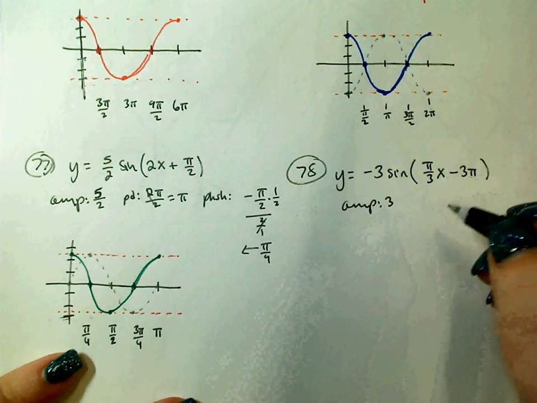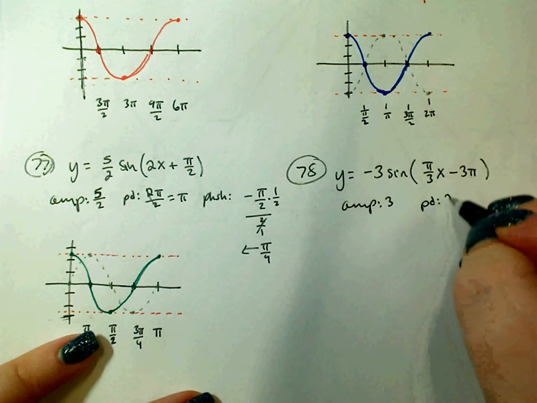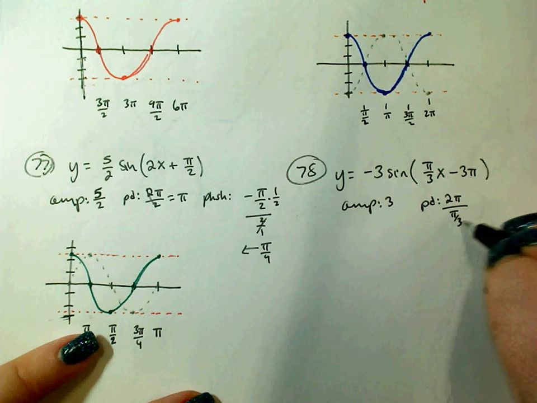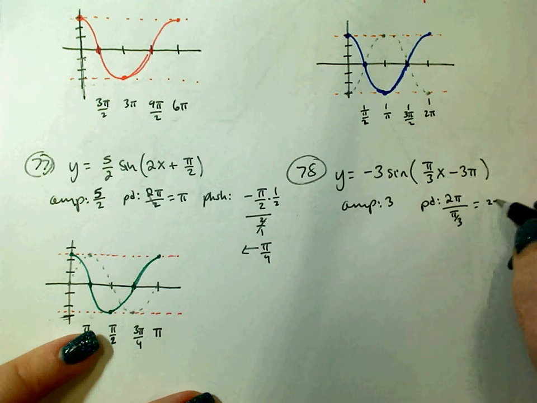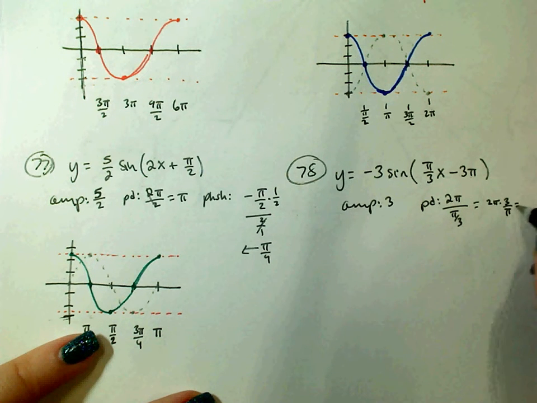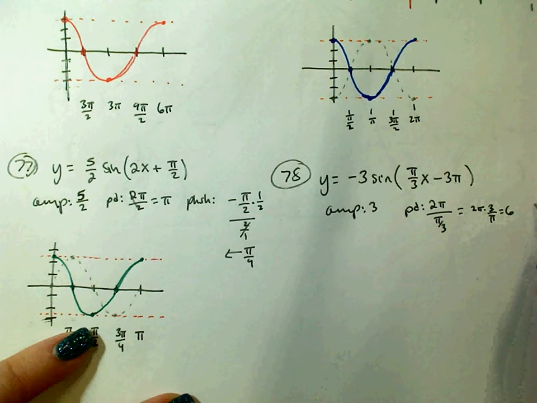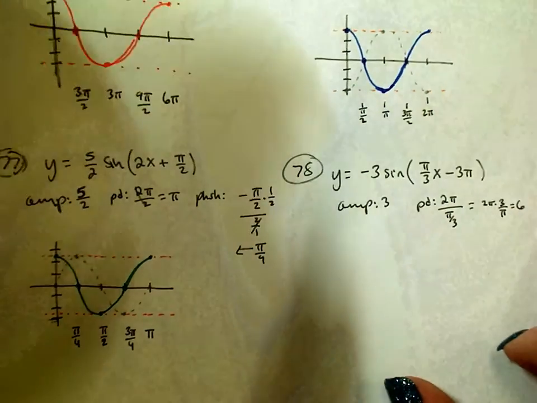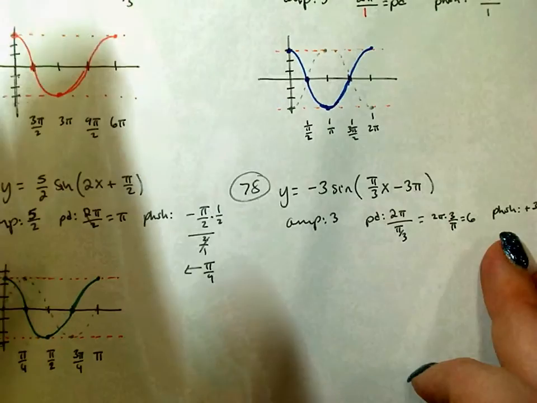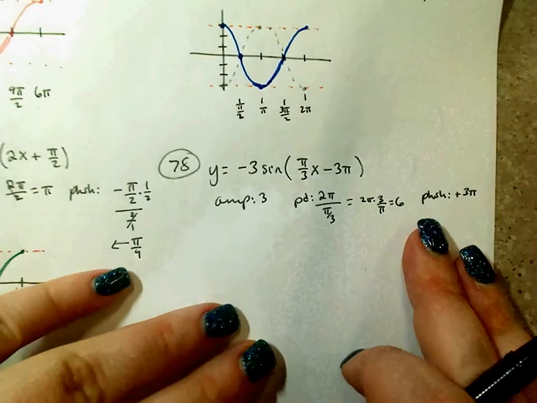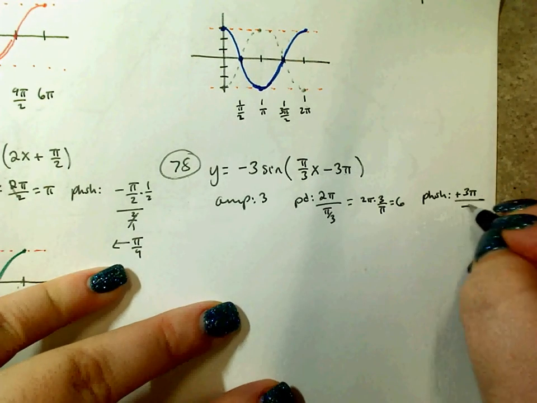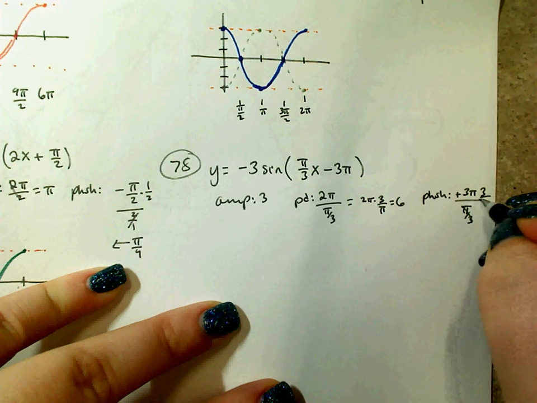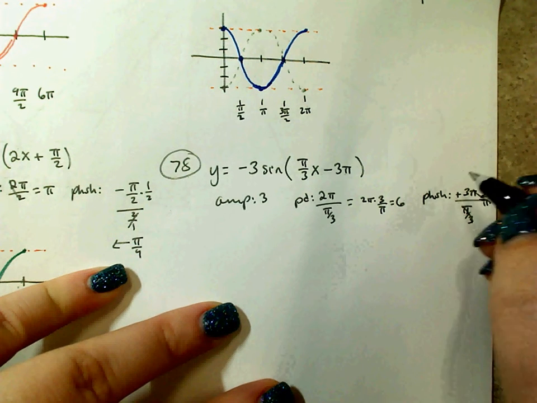I've got a period of 2 pi divided by pi over 3, which is 2 pi times 3 over pi, which is 6. And I've got a phase shift of negative c over b, which is pi over 3, which means multiply by 3 over pi, which means I'm going to go to the right 9. Okay?